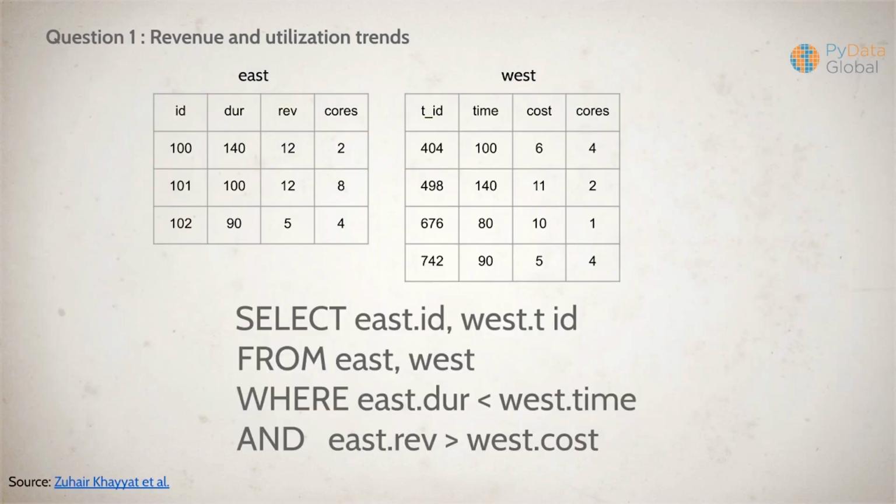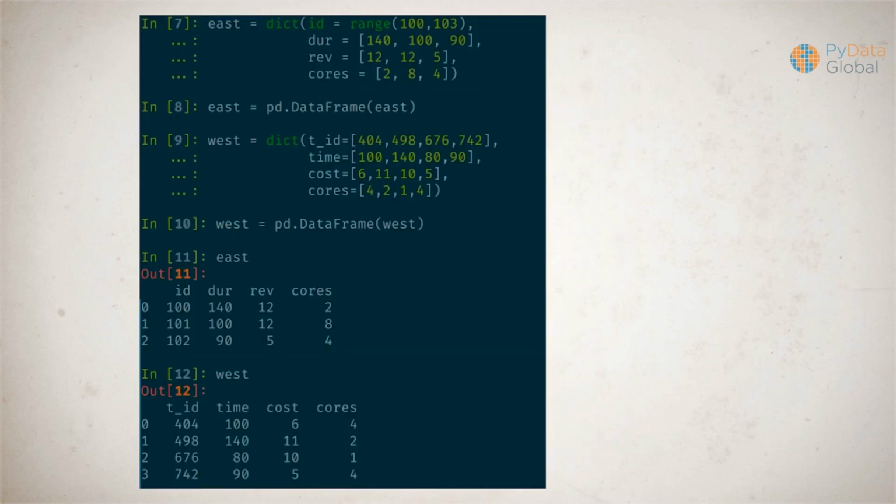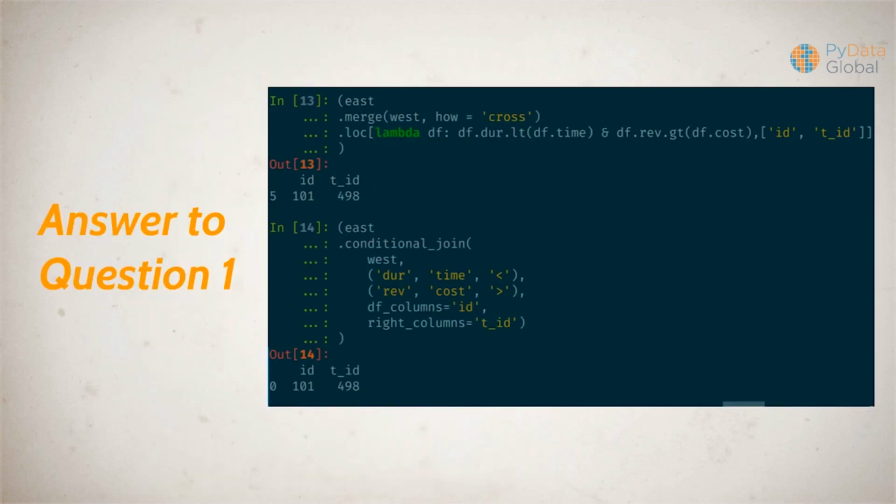Let's look at question 1, where we're talking about revenue and utilization trends for, say, a cloud engineer. This involves more than one condition: east less than west, and the second condition, east greater than west, based on revenue and costs. We create our data frames, and then when we compare them, the first one in cell number 13 is a Cartesian join; you do that first, and then you filter your data to select your specific columns.